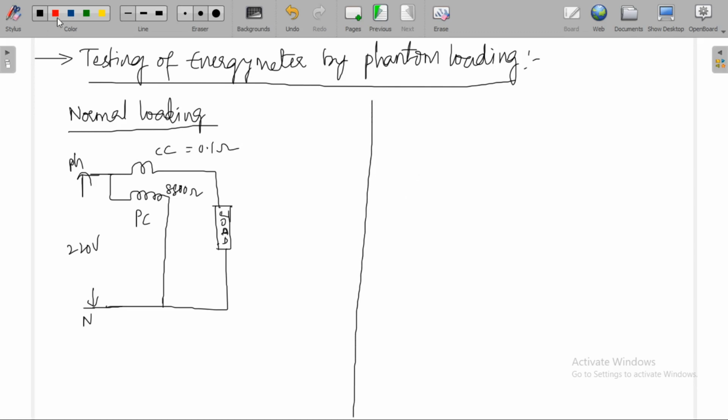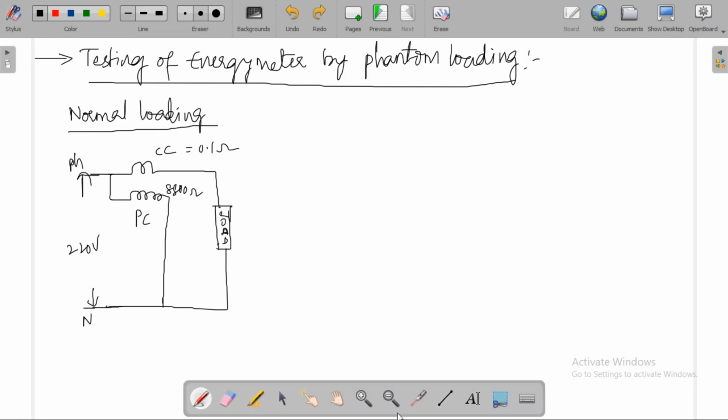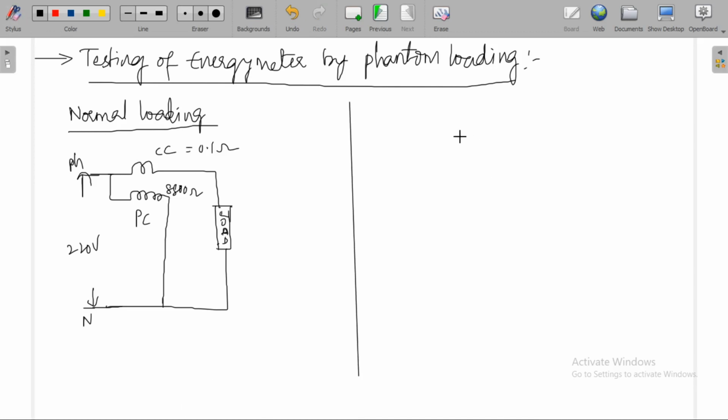Coming to phantom loading, or fictitious loading.